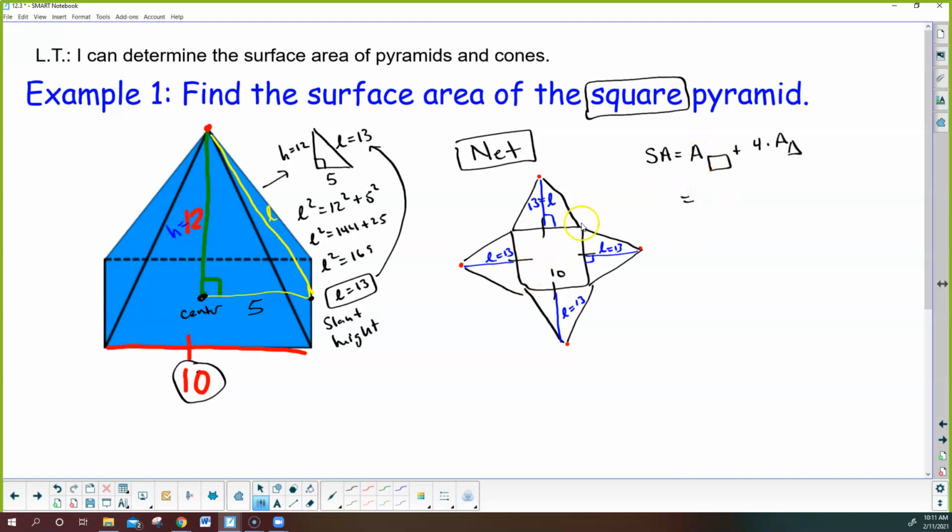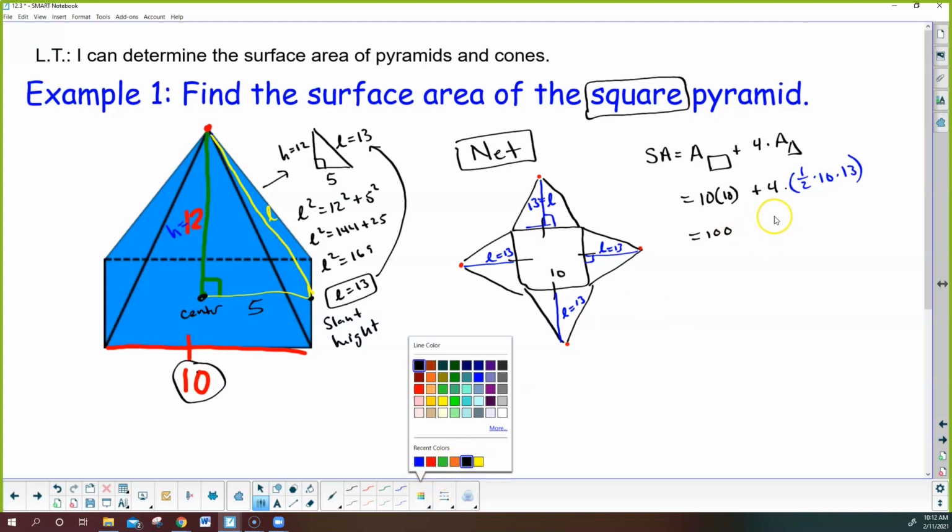So what do I know? I know that the area of the square is 10 times 10, or 100. And then I know the area of one of these triangles is 1/2 base times the slant height. So here the base is 10, the slant height is 13, and a triangle is 1/2 base times height.